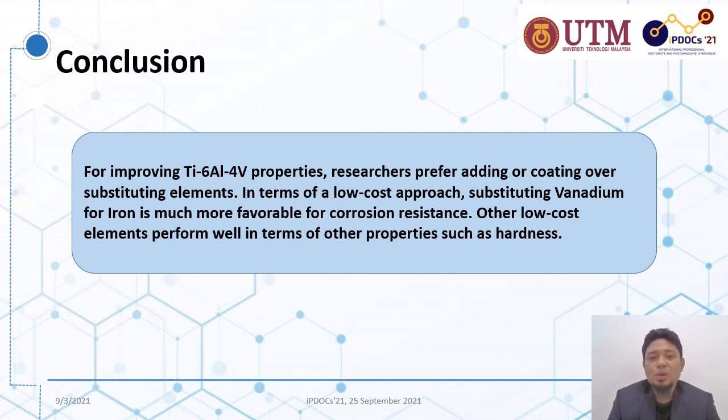In terms of the low cost approach, substituting the vanadium with iron is much more favorable to its corrosion resistance. Other low cost elements perform well in other properties, mainly in hardness, but not in corrosion resistance. That's all. Thank you.